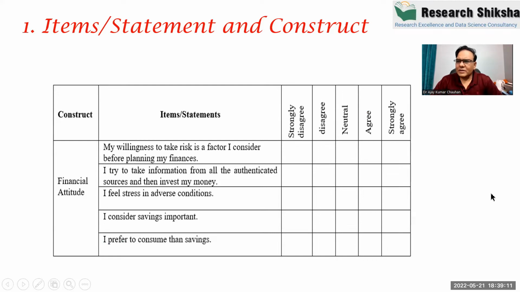You have seen these kinds of questionnaires many times. So in this table, we can say that financial attitude is a construct, and there are 5 statements we are using to measure this construct. These 5 statements are known as items.